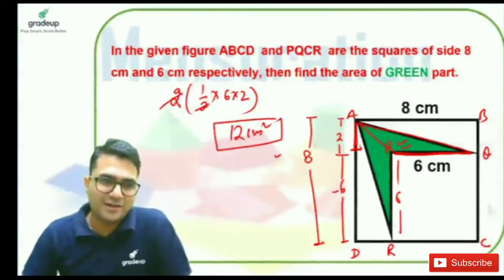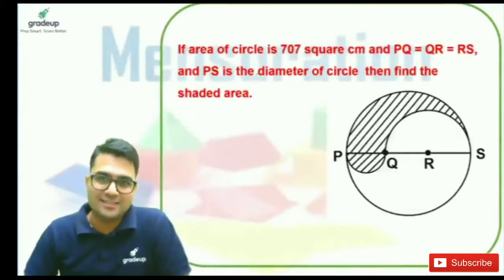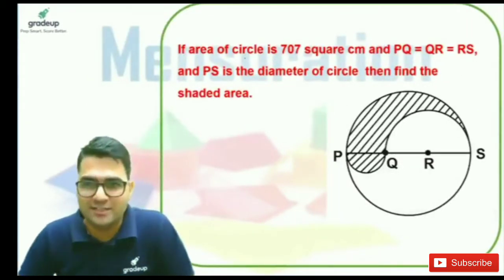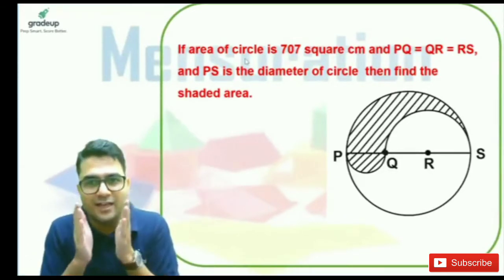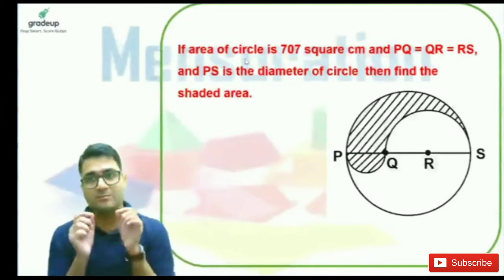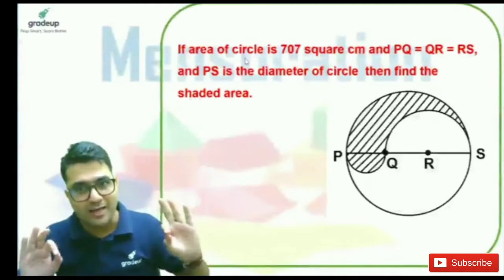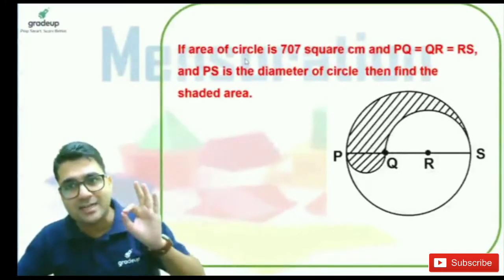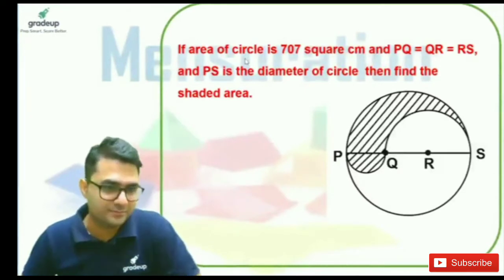Now the next question is this. Superb question it is. What is given in this question? If the area of the circle is 707 square centimeter and PQ is equal to QR is equal to RS, and PS is the diameter of the circle, then find the shaded area.